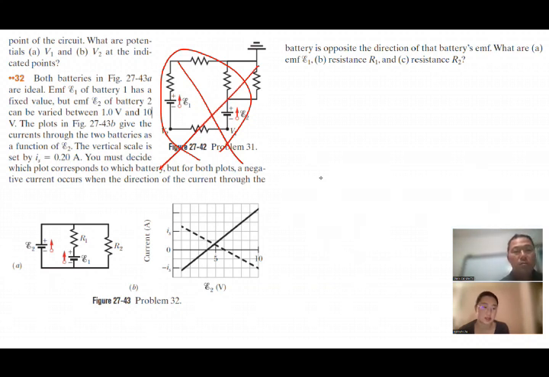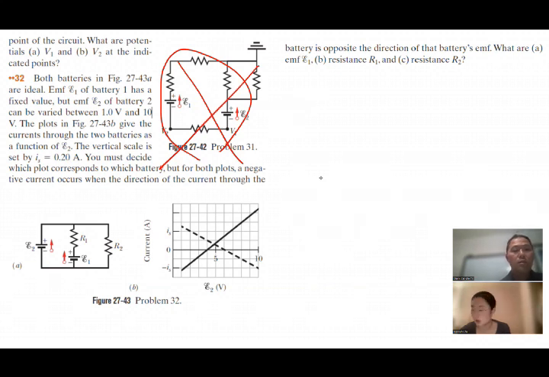The vertical scale is set by I_S equal to 0.2 A. You must decide which plot corresponds to which battery. For both plots, a negative current occurs when the direction of the current through the battery is opposite the direction of that battery's EMF. What are A, EMF 1, B, resistance R1, and C, resistance R2?